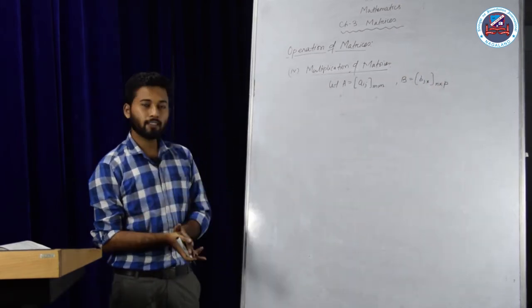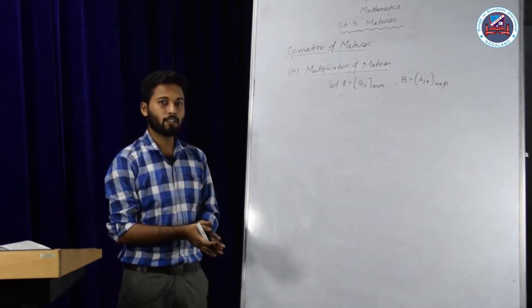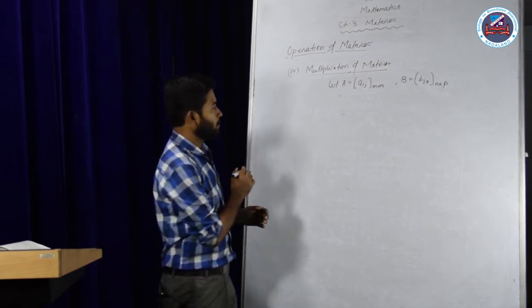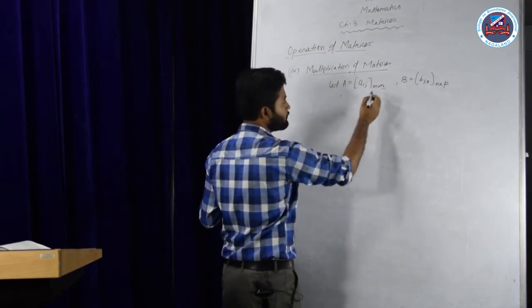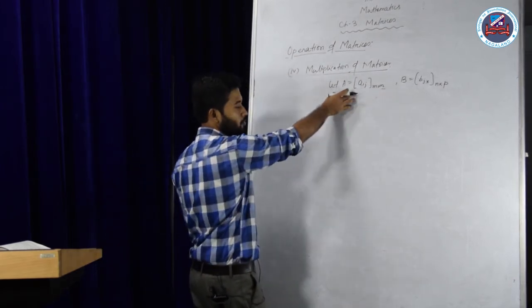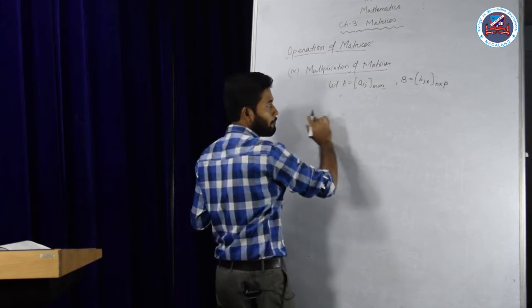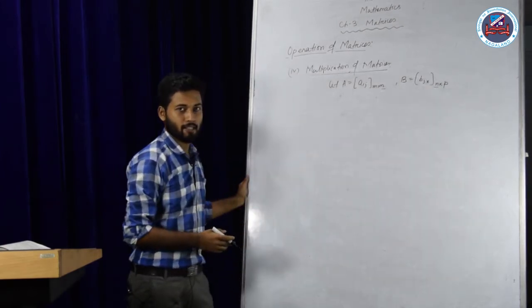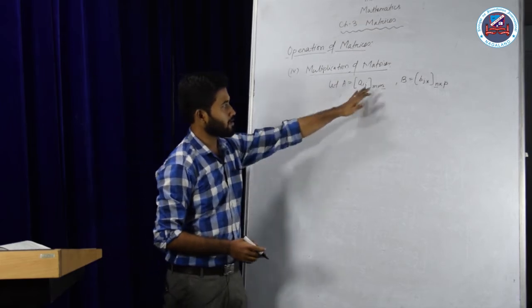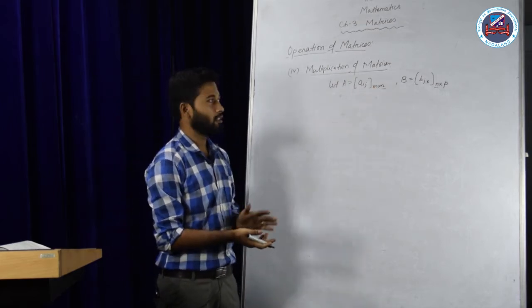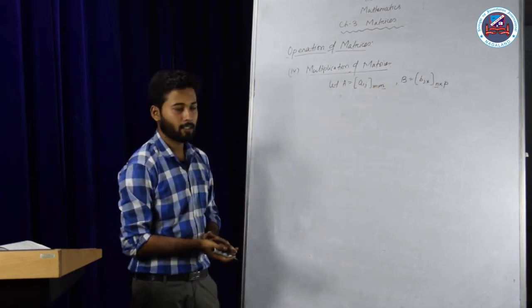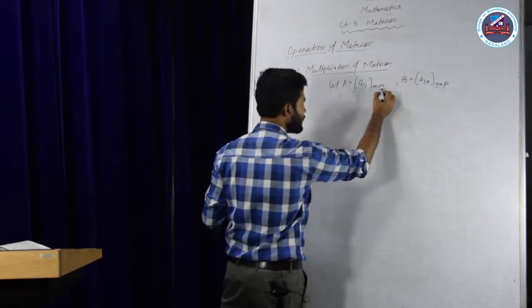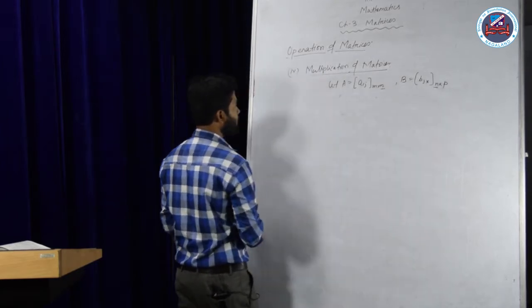So the first thing for a matrix multiplication to be considered is that the number of columns of the first matrix must be equal to the number of rows of the second matrix. If this does not hold, then we cannot do the matrix multiplication. Clear? So always keep in mind that these two should be same.